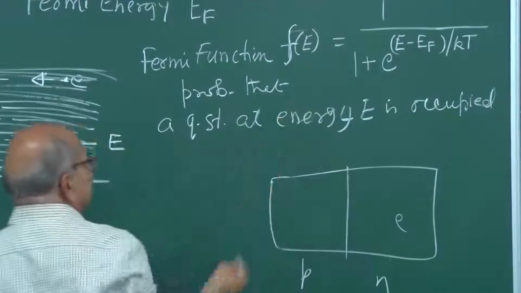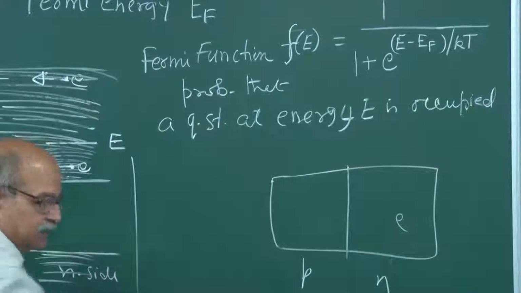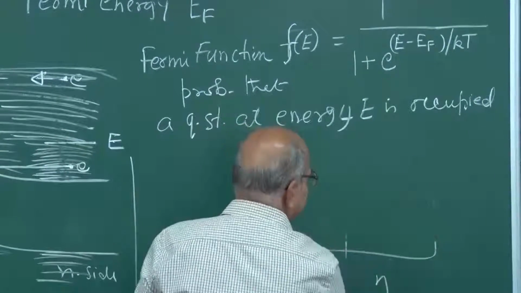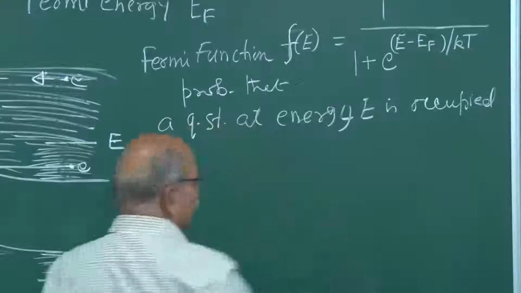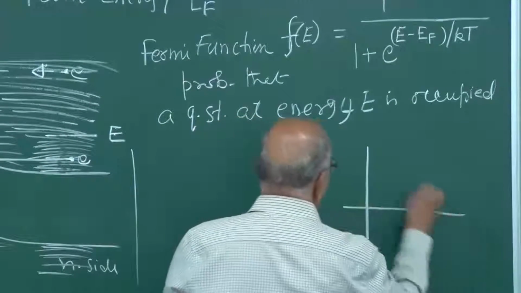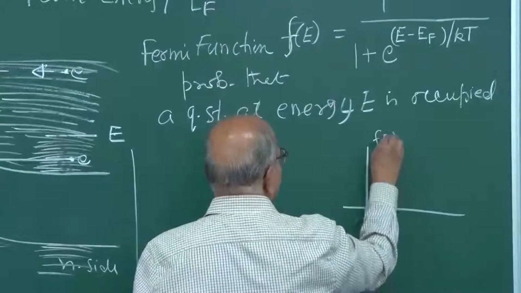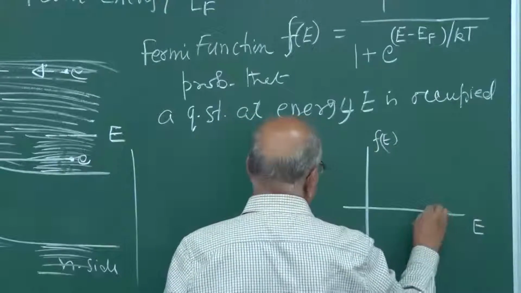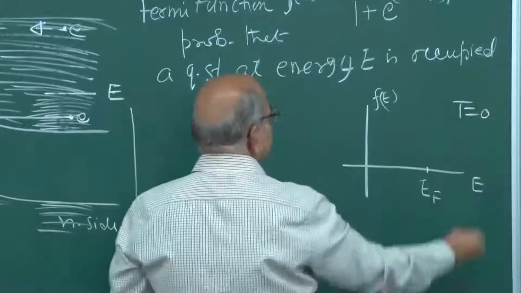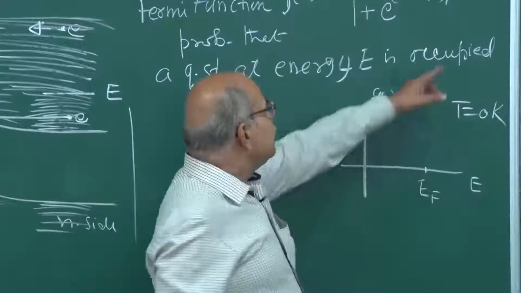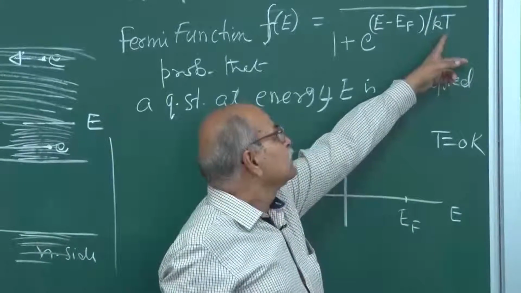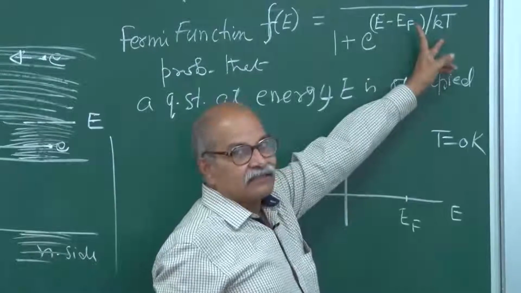Now if you plot this function, first let us plot it at T equal to 0 and see what happens. If you plot f(E) against E, and suppose this is EF, and T is 0 K, then since T is in the denominator, the exponent will be infinity.